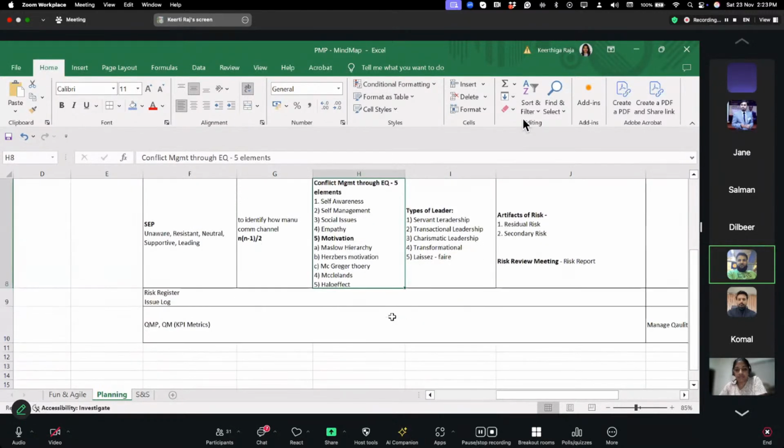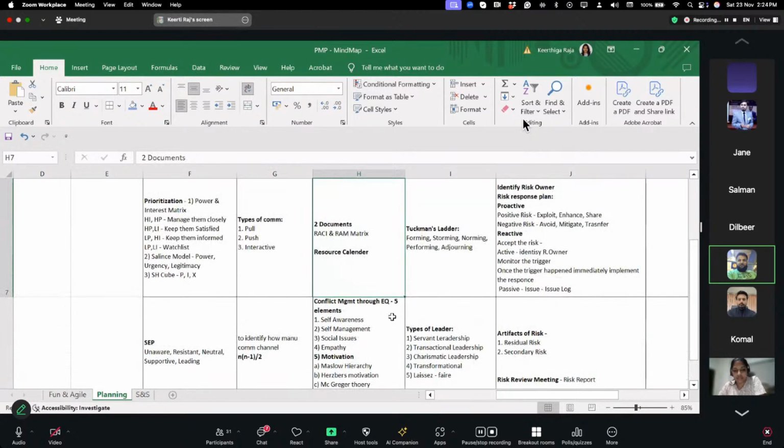Then the resource management plan is there basically. In the resource management plan, you are assigning the resources, and there is a RACI matrix in this, in which you have to assign who is responsible for that, who is accountable for that, who should you be consulting and who should you be informing.